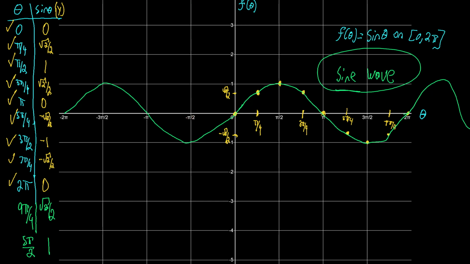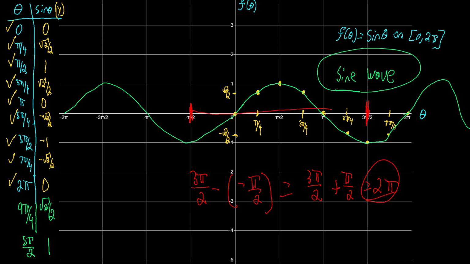Any amount of 2 pi will do it. By the way, the distance between 3 pi over 2 and negative pi over 2 is the further right distance minus the further left distance, which is just 2 pi, the period of the sine function. That's how you get this distance: you take this minus this.